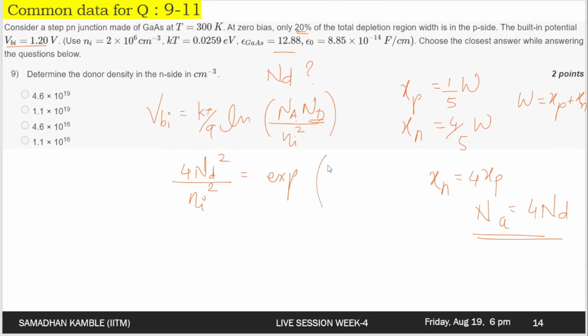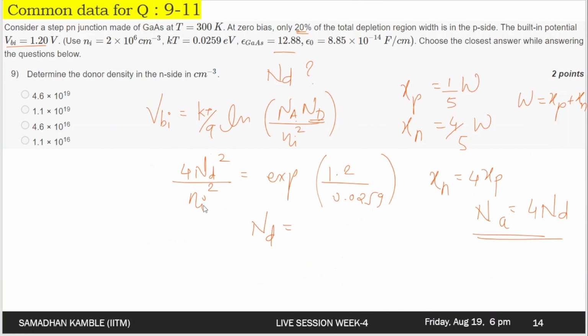V built-in is given as 1.2 divided by the value of kT by q in electron volt. From this we can again solve for the value of ND.